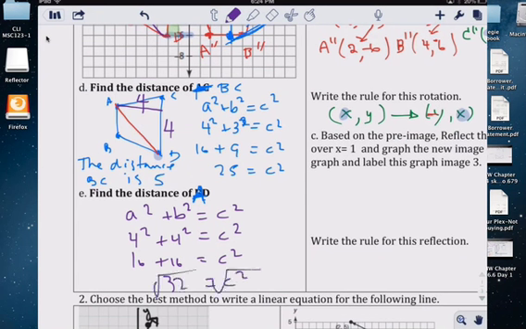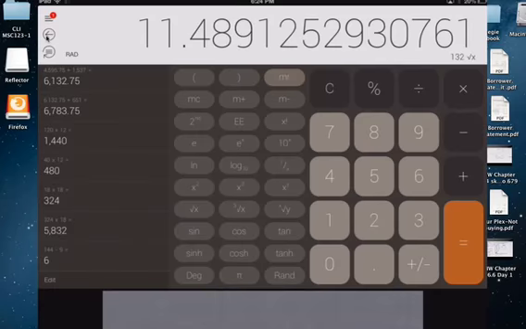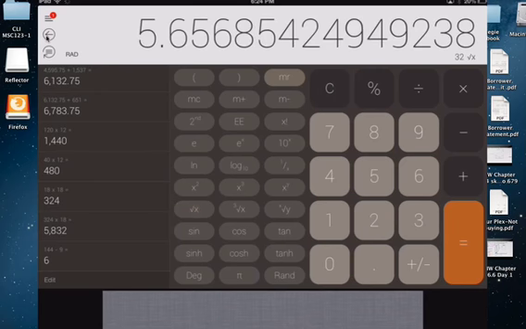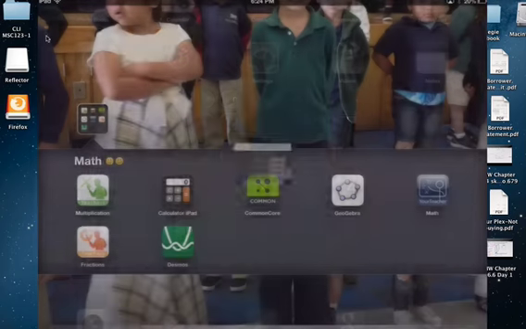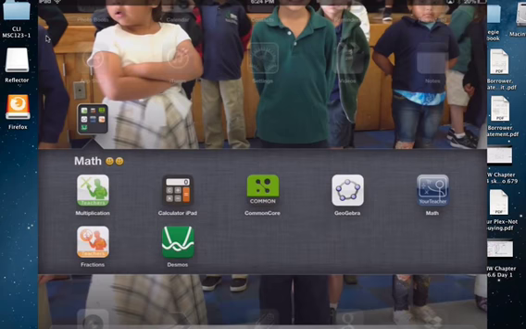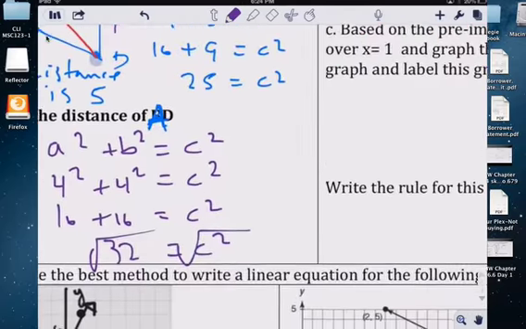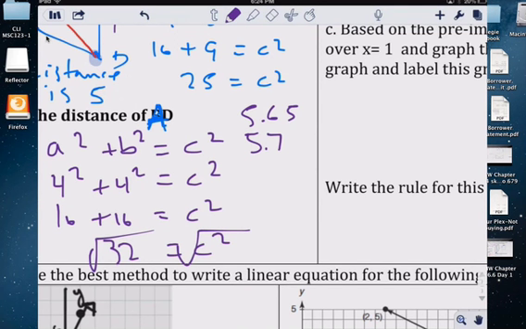Square root of 32. Close to 6. 5 point something. Square root of 32. 5.6. 5.7 because it was 5.65 turns into 5.7.